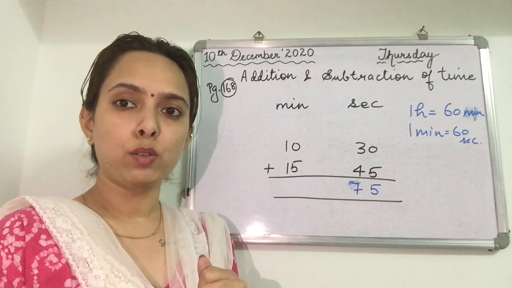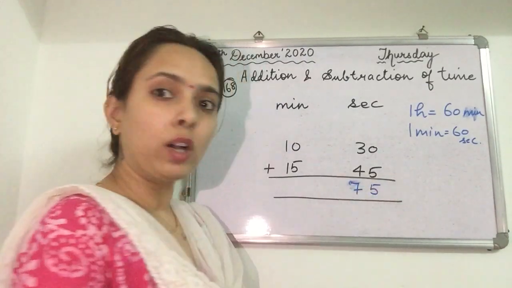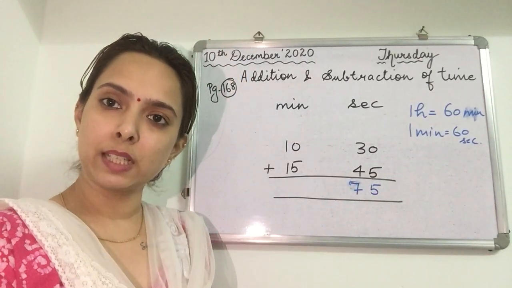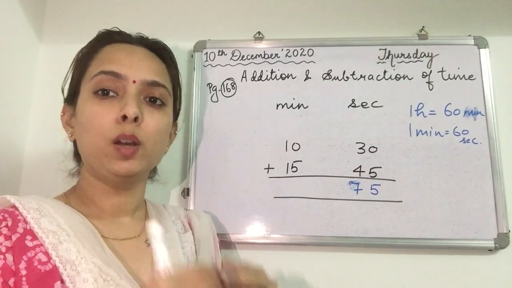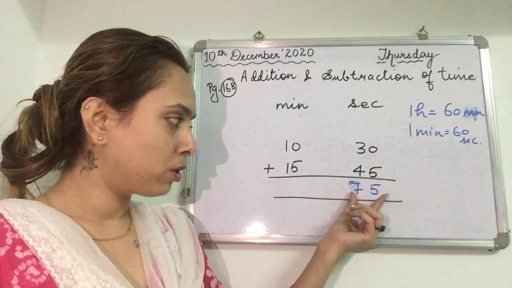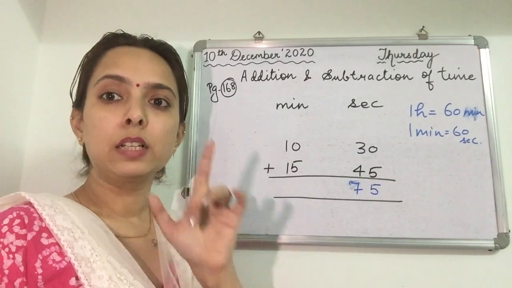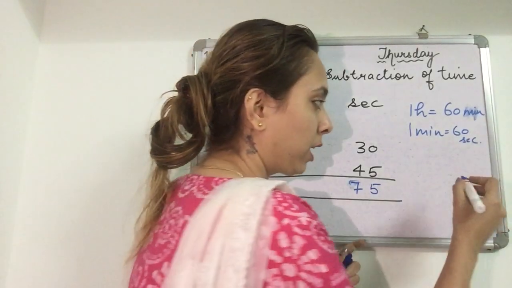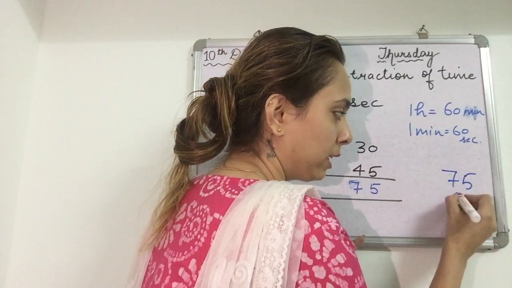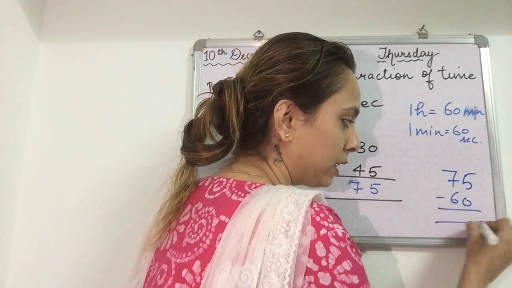We will subtract 60 from 75. In your rough work, you will subtract 75 with 60.